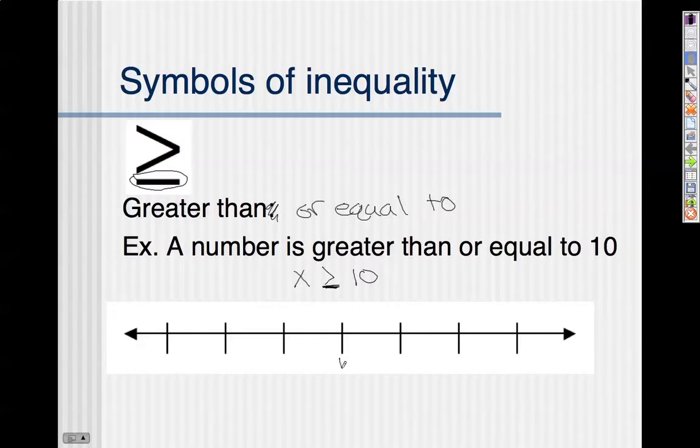Graph it the same way, 10 in the middle, number is less than 10 to the left, number is greater than 10 to the right. Circle at 10, extra ink down here, extra ink in here. And since it's set up with x on the left-hand side, we can go ahead and follow our arrow so that it's covering all of the numbers greater than or equal to 10.